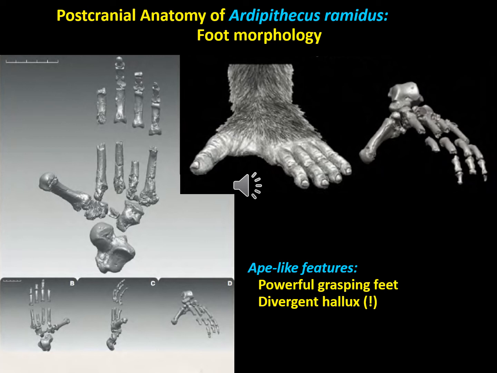The big toe is used for grasping, and so this doesn't really help when we look at an argument for bipedalism, because the model for obligatory exclusive bipedalism, walking on two limbs, is us, and our big toe is in line with the other toes. We do not have grasping feet, so this is a much more ape-like feature.